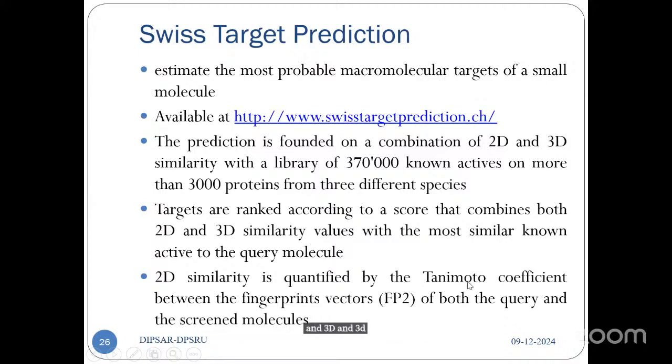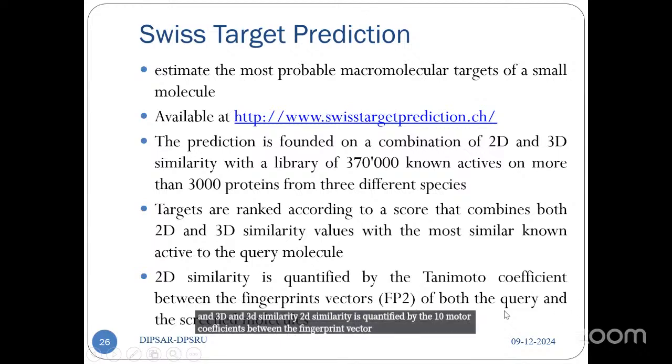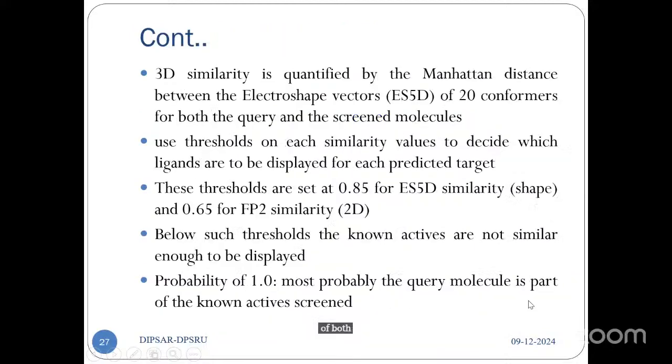2D similarity is quantified by the Tanimoto coefficients between the fingerprint vector, that is FP2, of both query and the screened molecules. And the 3D similarity you can calculate by E3FP, Electroshape 5D, of conformers. And these are the threshold values which are there in the database. The threshold values are set at 0.85 for ES5D similarity and 0.65 for FP2 similarity.